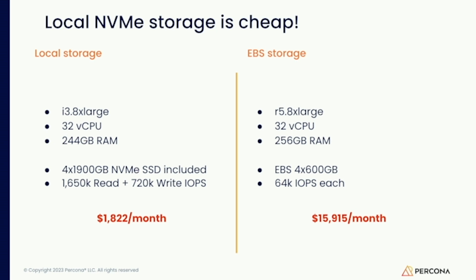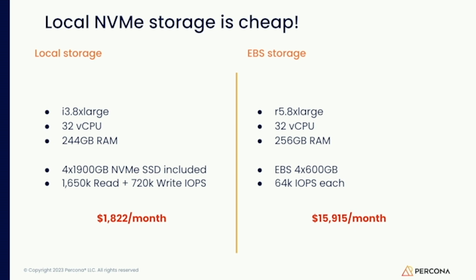For example, i3 instances with, let's say, 32 CPUs and 244 gigs of RAM come with 4 disks of almost 2 terabytes NVMe, and they have more than 1 million IOPS of reads and writes. And what you can deploy with EBS, I'm just putting that as an example, with 64 IOPS, costs many more times more, right?